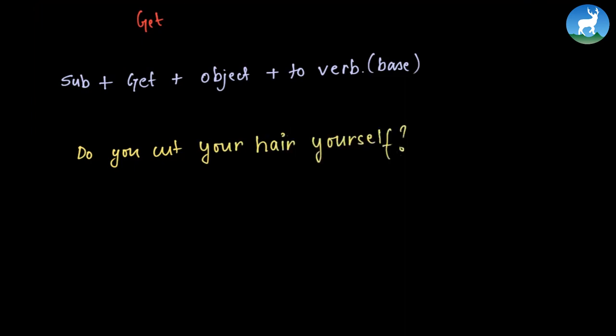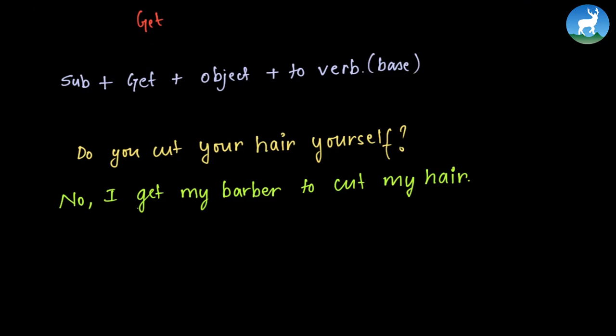The most probable answer could be, no, I get my barber to cut my hair. Notice that after using get, we have to place to plus a base verb in a sentence.